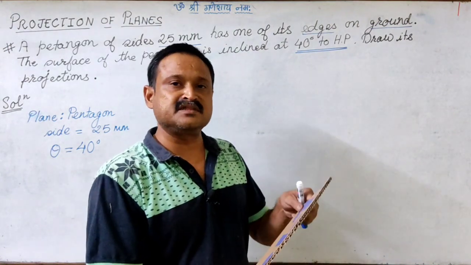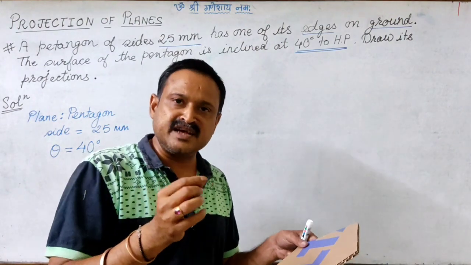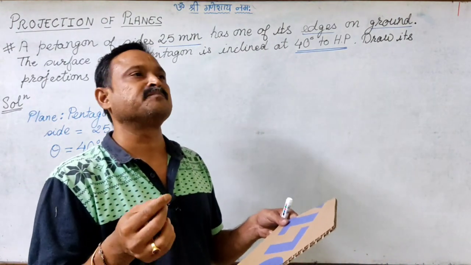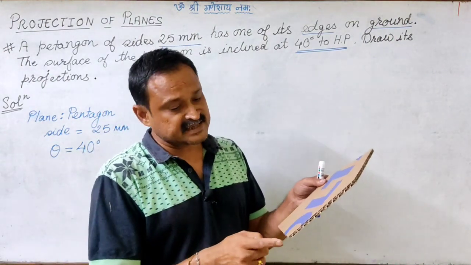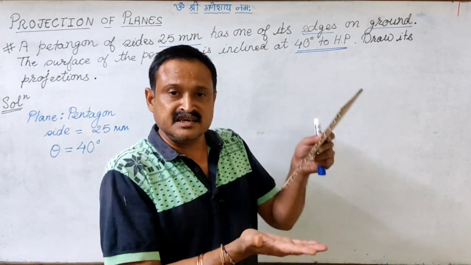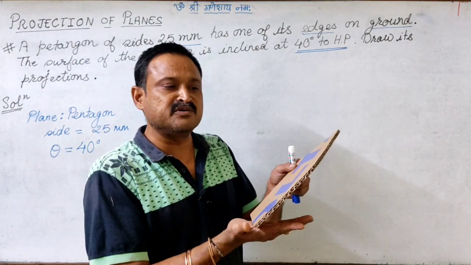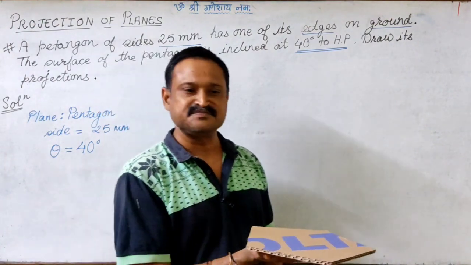Now to start with the problem, when we see that a particular plane is making contact with a particular principal plane or a reference plane, what we will do, see, it is said that one edge is on the ground or HP. So to initiate, we will keep all the edges on the HP, right?